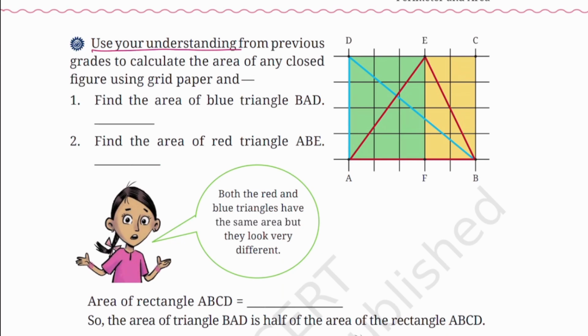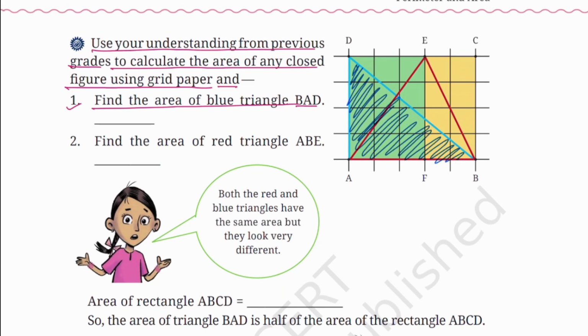Use your understanding from previous grades to calculate the area of any closed figure using grid paper. 1. Find the area of blue triangle BAD. You can see a blue triangle here, triangle BAD.